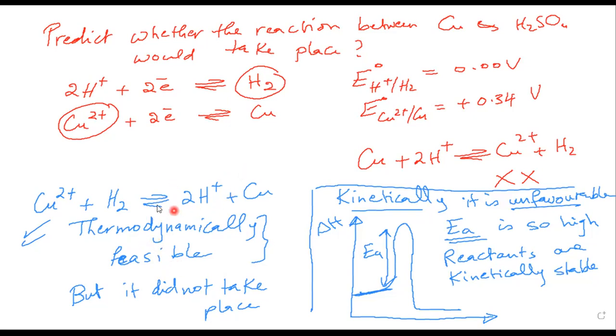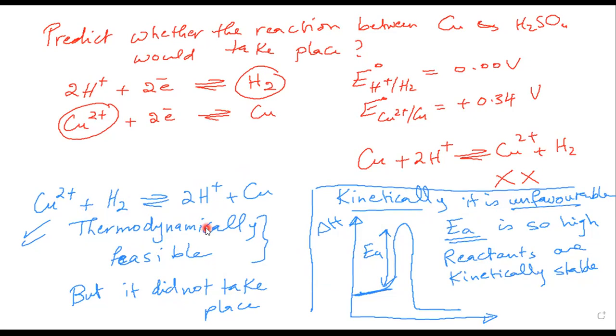Even if we use the standard electrode potentials, we find that this reaction can take place, but sometimes it doesn't. So why did it not take place? Because it is kinetically unfavorable, or the activation energy is so high that the reactants are kinetically stable. That's why the reaction will not take place.